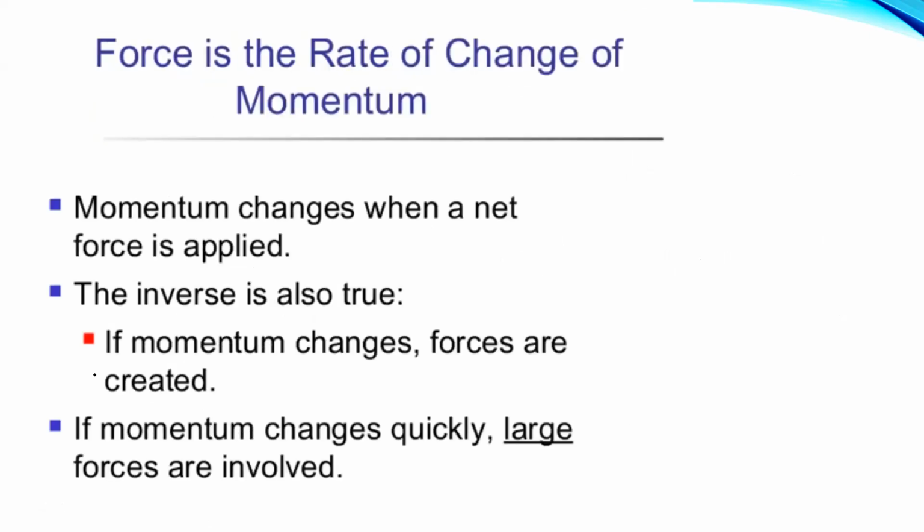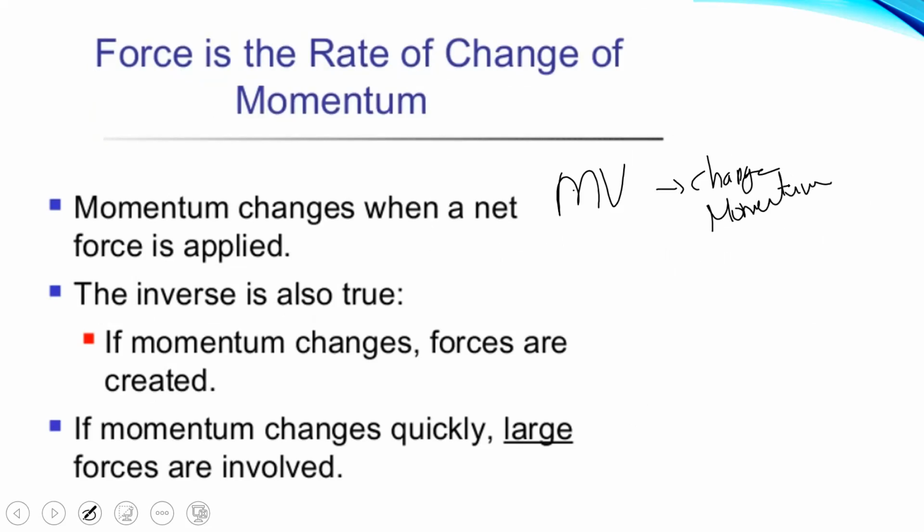Now, momentum changes when a net force is applied, as we saw before. So here I have momentum, and when we have a change in momentum, that means we applied a force.